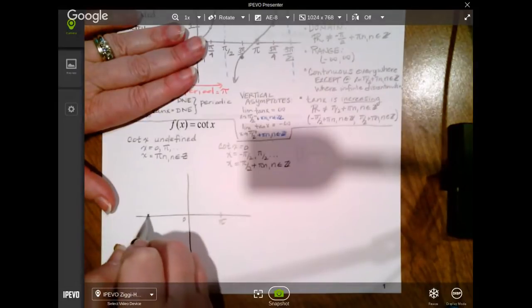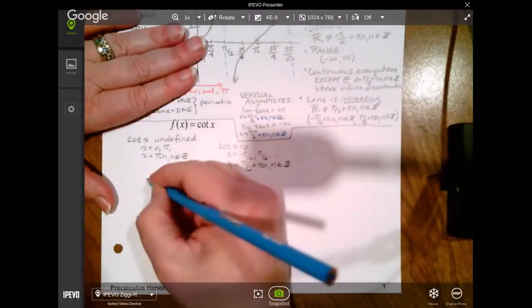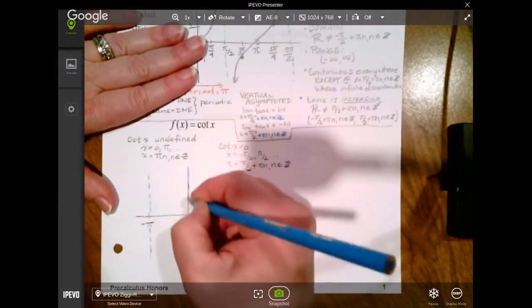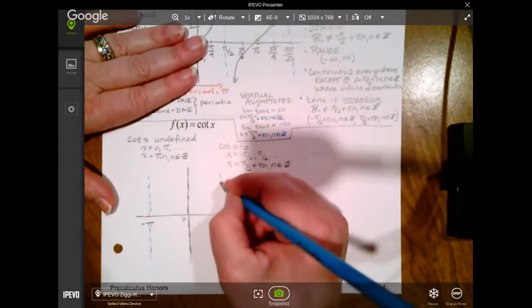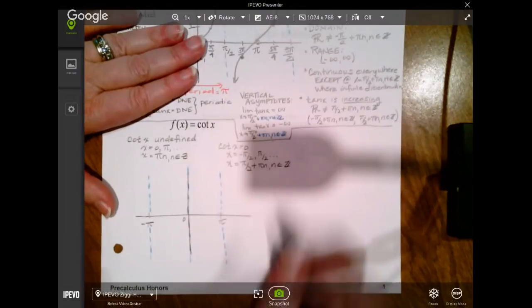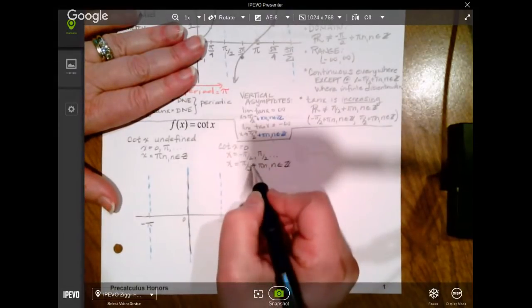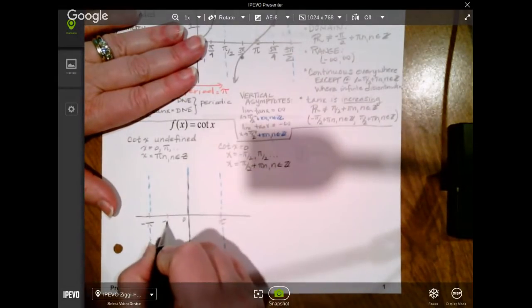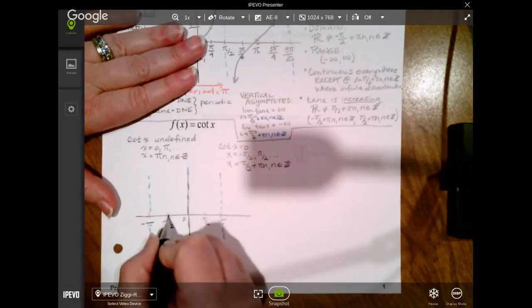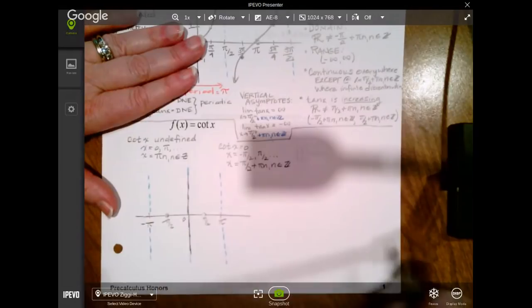And let's go to negative pi. So we're going to have asymptotes at any multiple of pi that we see, and at 0, and at pi here. And our function zeros are going to be at pi over 2. So at negative pi over 2 and pi over 2. And so we can put our zeros on the graph there.